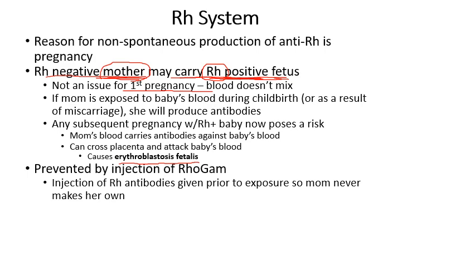Okay, how do they prevent this? So there is a shot called RhoGAM. Okay, if you're given RhoGAM, even if mom is exposed to the Rh positive blood, she won't make the antibody. The RhoGAM will prevent her from making the antibodies.